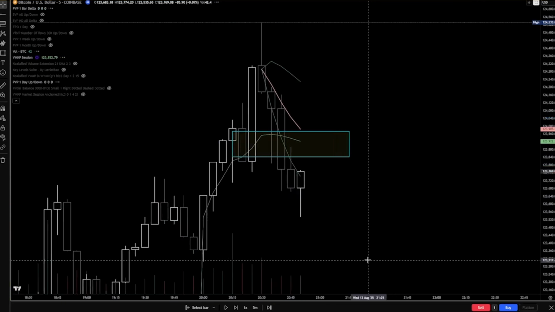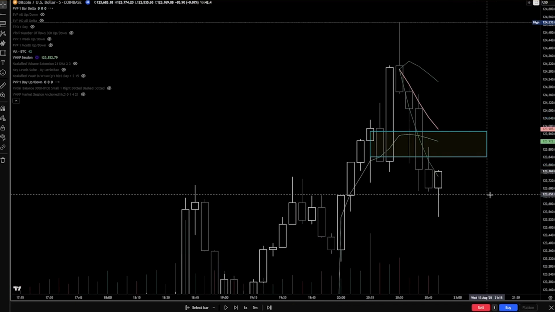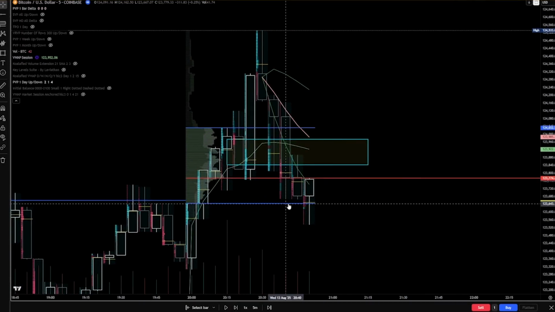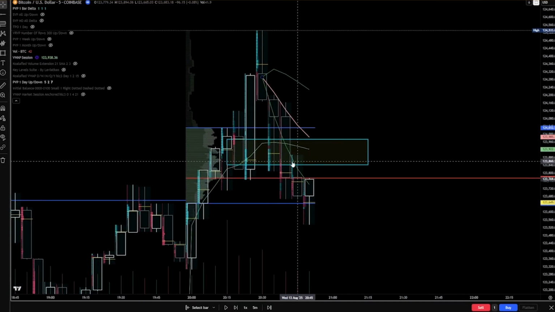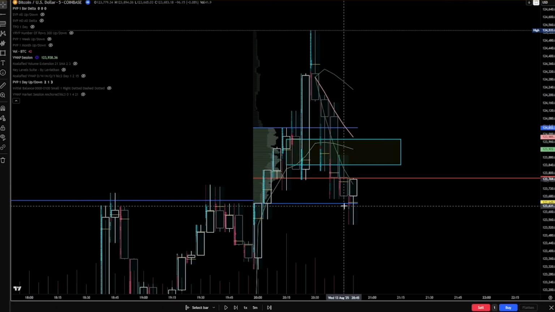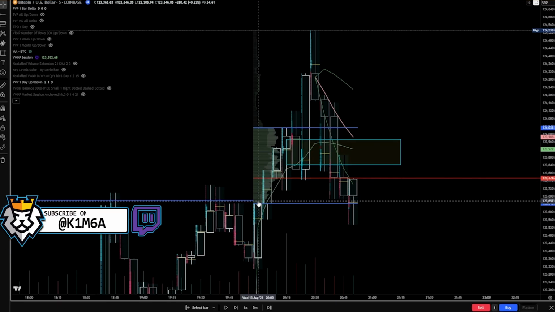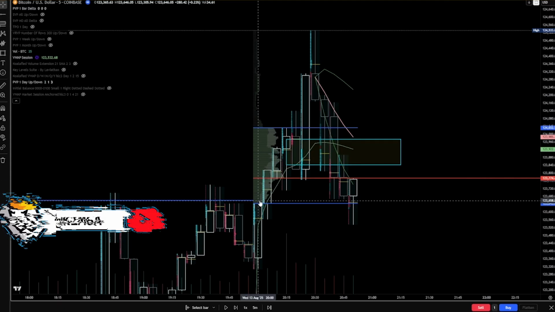At that point, let's say right here, let's see where the profile is. So developing value area and previous day value area is trying to hold after that big move. But it lost the point of control for the developing session, and that's not the best sign.